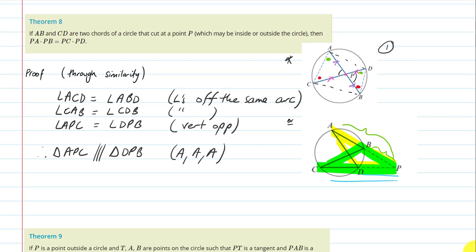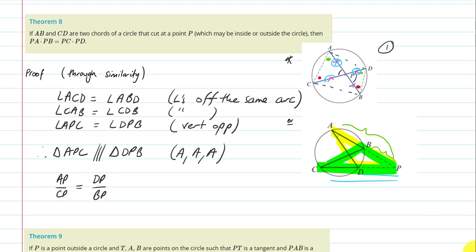So we've established similarity, which means we can also establish ratio pairs. That means that the ratio between equivalent sides in the same triangle is equal. There's a few ways I can do the ratio, but what I'm going to do is say that AP over CP is equal to DP over BP. This side here and this side here match because they're adjacent to the green angle and the central angle.